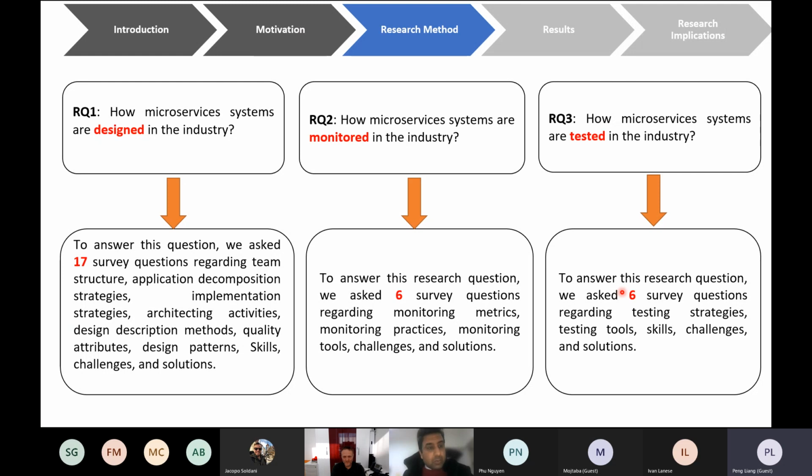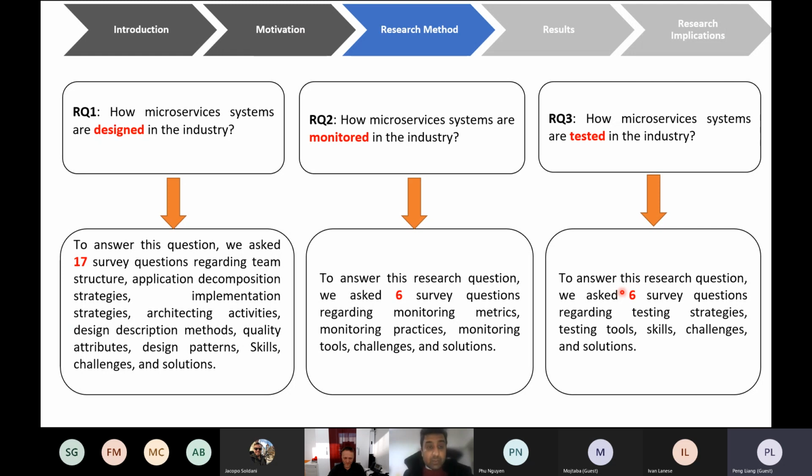For example, to answer research question one, we asked 17 survey questions regarding team structure, application structures, the implementation strategy, architecting activity, design description methods, quality attributes, design patterns, architecting skills, challenges, and solutions.